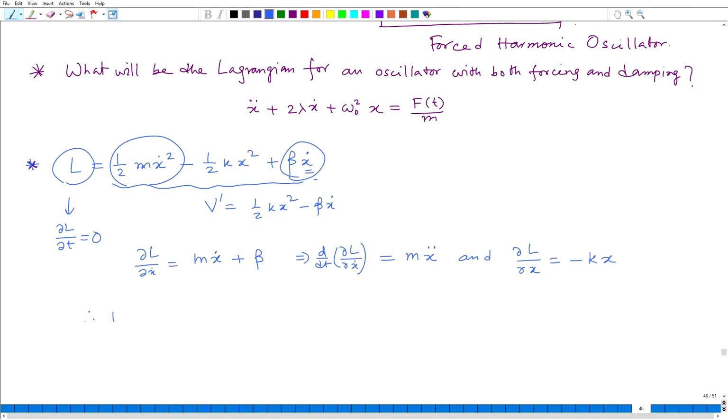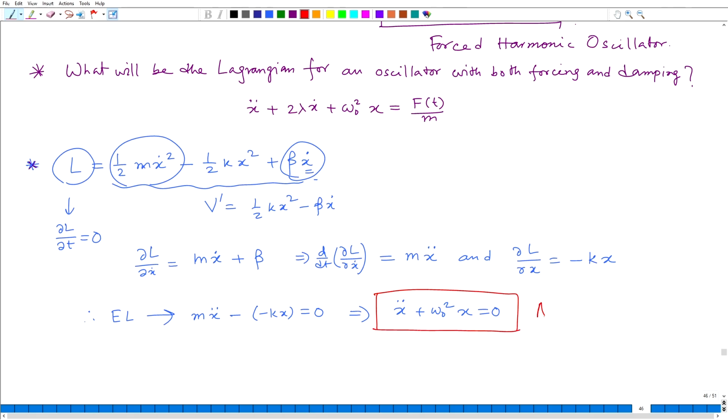So the Euler-Lagrange equation gives m x double dot plus k x is equal to 0. That means x double dot plus omega 0 square x equal to 0, which is exactly the same as a simple harmonic oscillator.